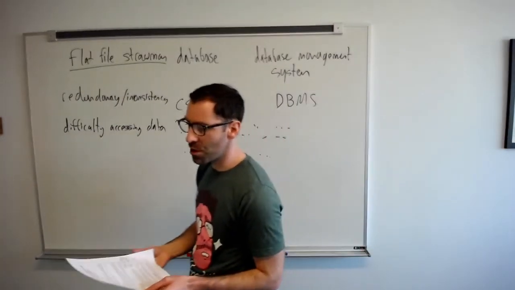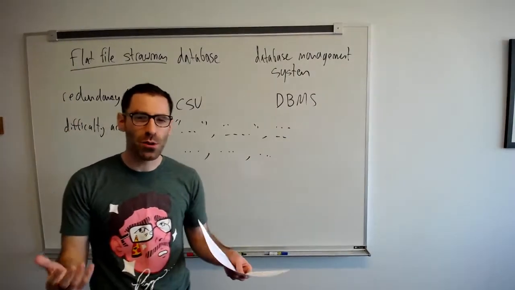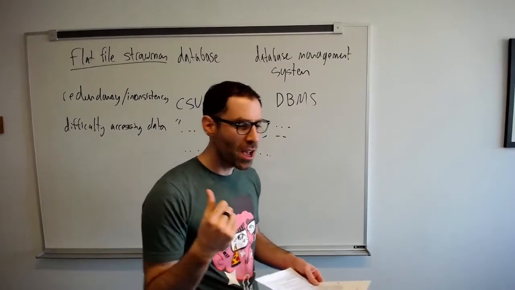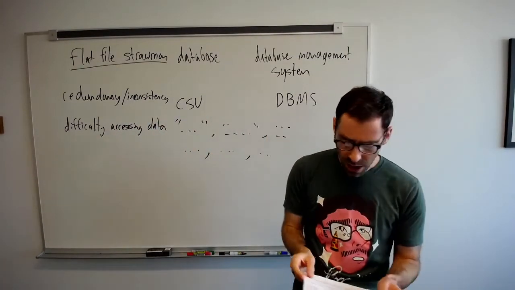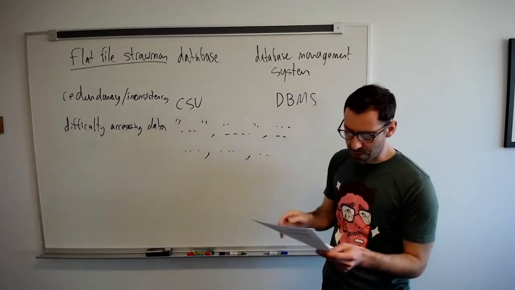If a student has multiple majors, how do we represent that in this flat file approach?